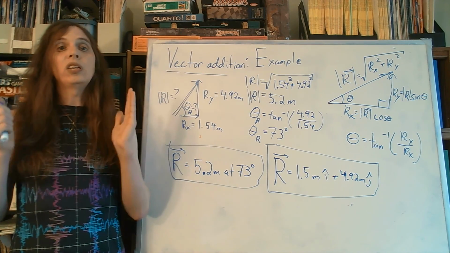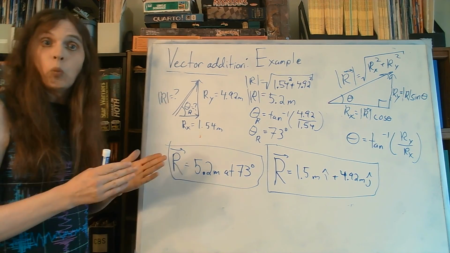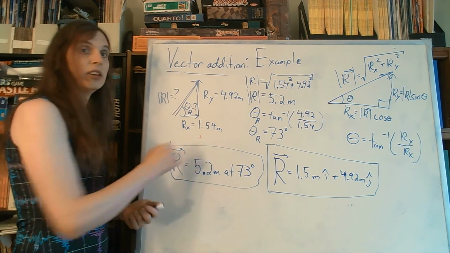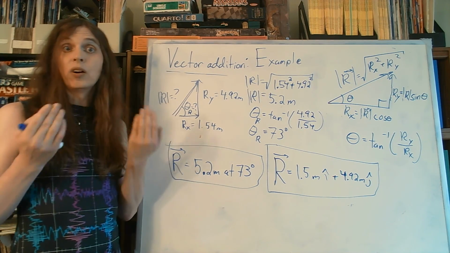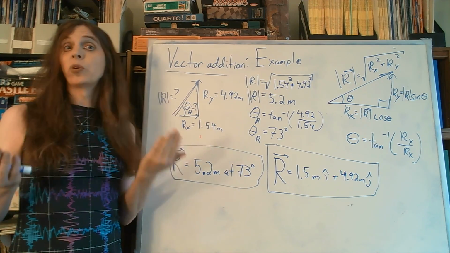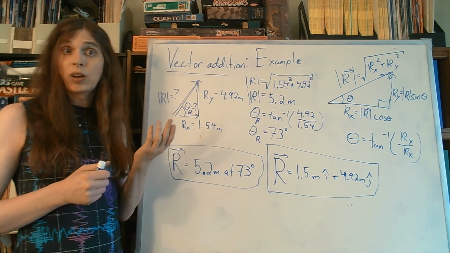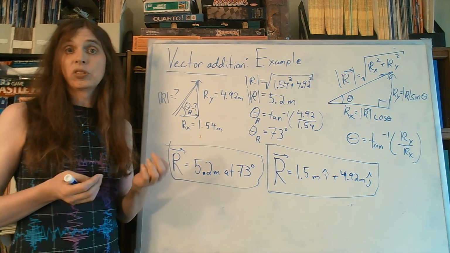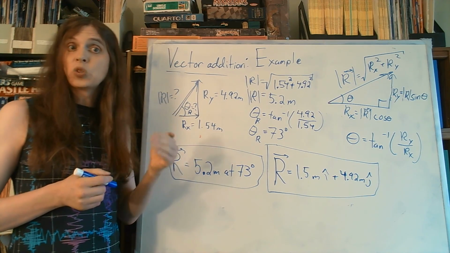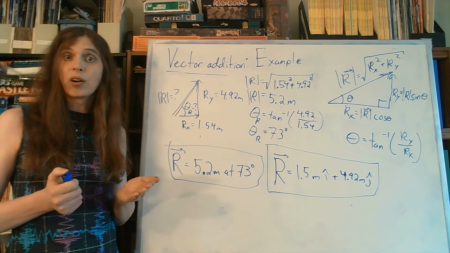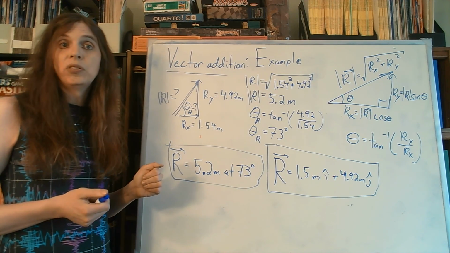Often in an introductory physics course, we're going to want to know what the size and direction is. Consider this if we're talking about something like velocity, for instance, which is also a vector quantity. You may not care as much necessarily about what your northward and eastward components of velocity are. You may want to know the overall speed, which is governed by the magnitude.